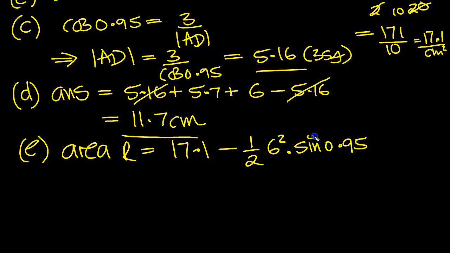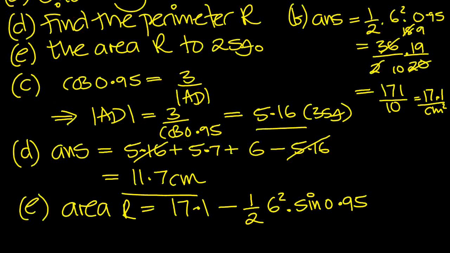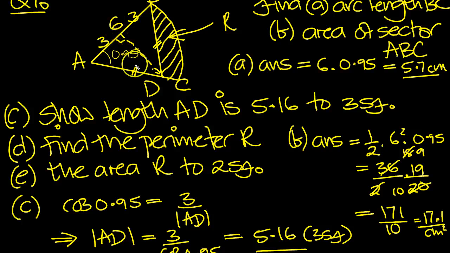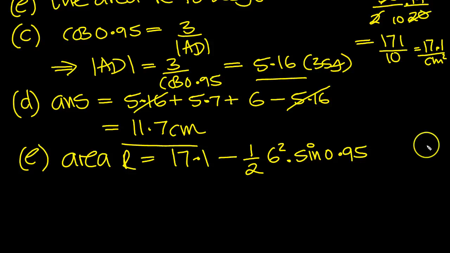But it isn't that. B times C is 6 times this distance, which is 5.16. So it's 6 times 5.16. So we need to put a 5.16 in here as well. So let's work this out then.